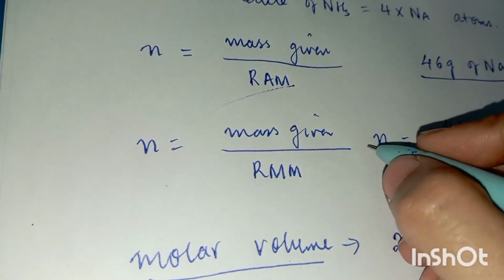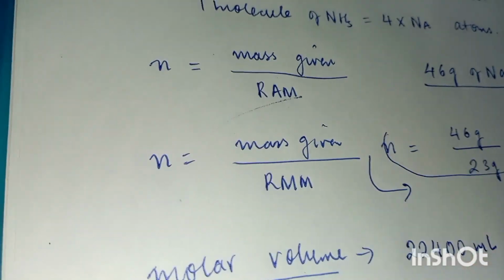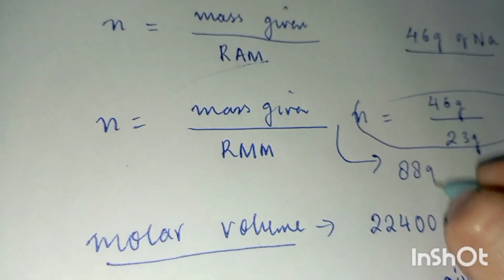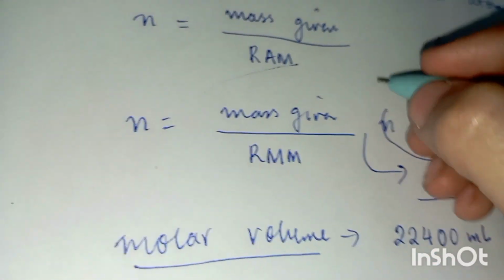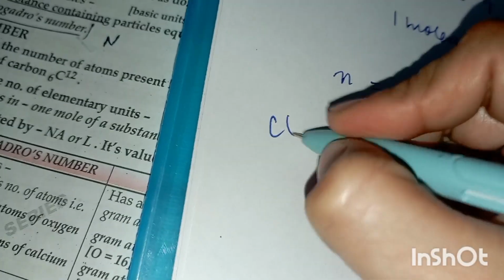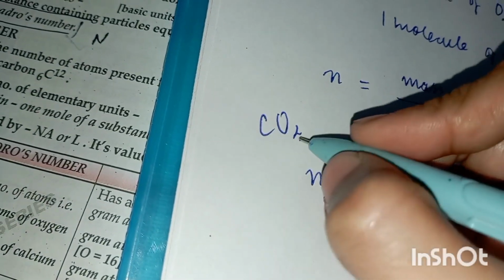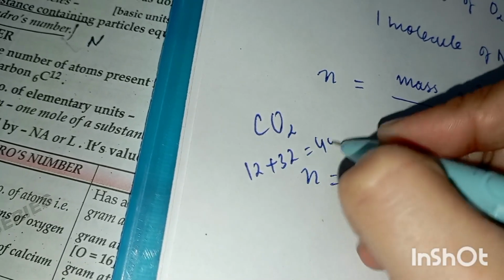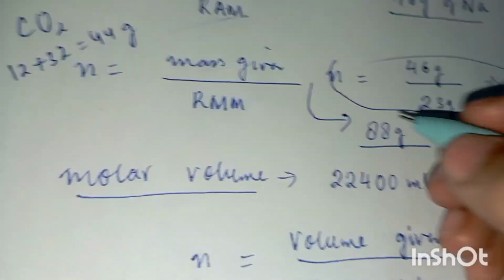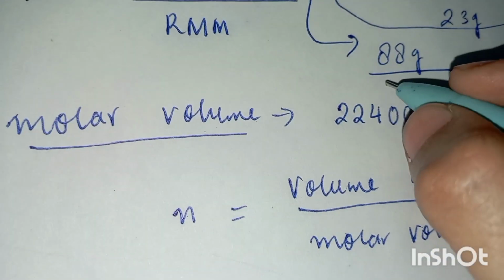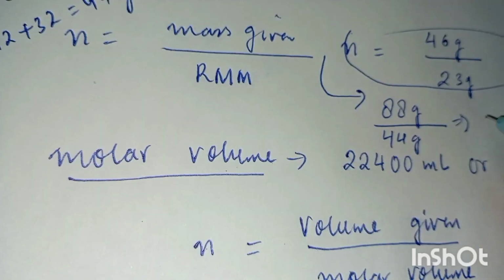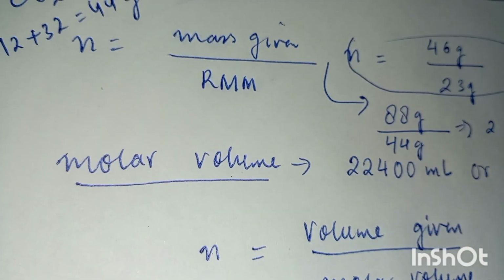Now you have to put the molecular mass. Mass given I have taken as 88 gram. Now the relative molecular mass of carbon dioxide molecule is carbon 12, 2 oxygen means 32. So 12 plus 32 equivalent to 44 gram. So mass given 88 gram upon 44 gram, the relative molecular mass. So number of moles will be equivalent to 2 moles of carbon dioxide.